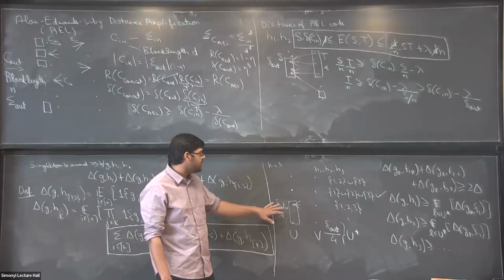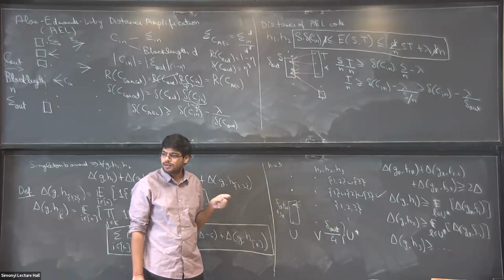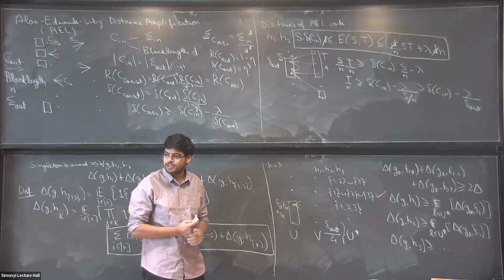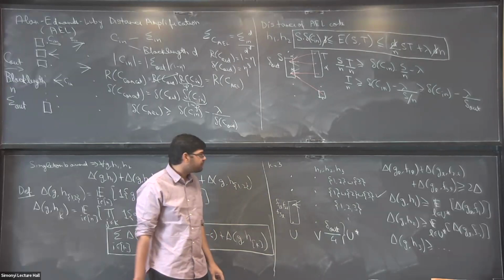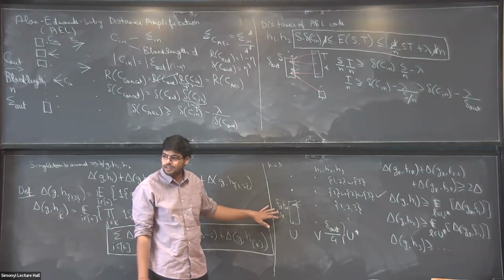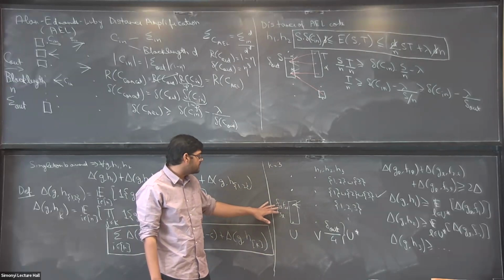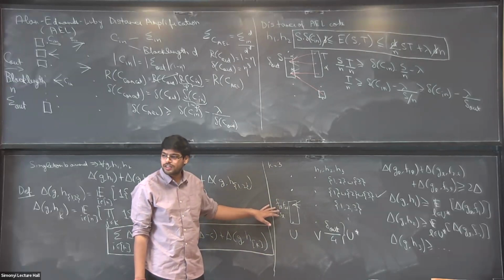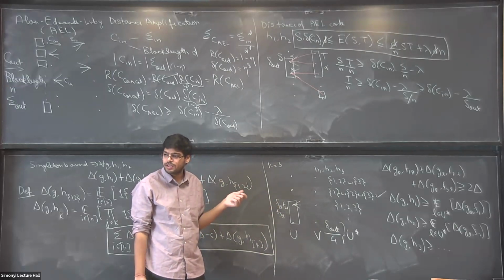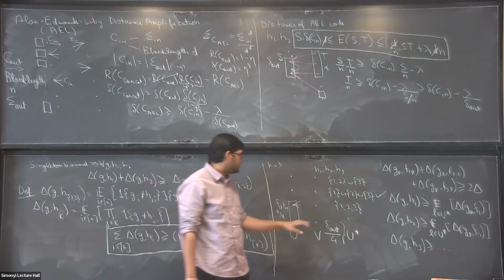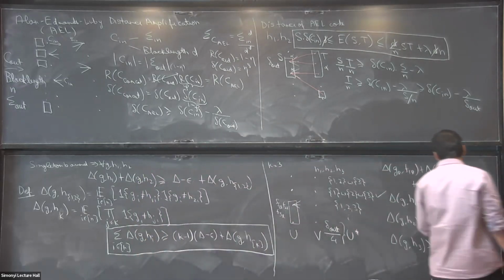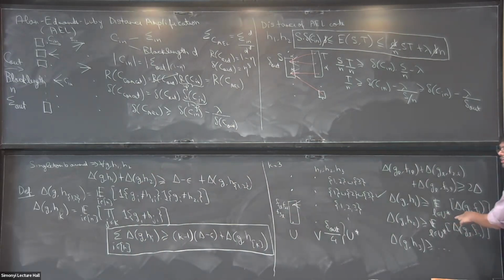So I'm still measuring distance only from a fixed GL, not based on F1L, F2L, and so on. So let's just focus on F1L. I'll be coloring edges based on F1L, where it differs from GL. That on average would be this fraction, expectation over U star, delta GL with F1L.